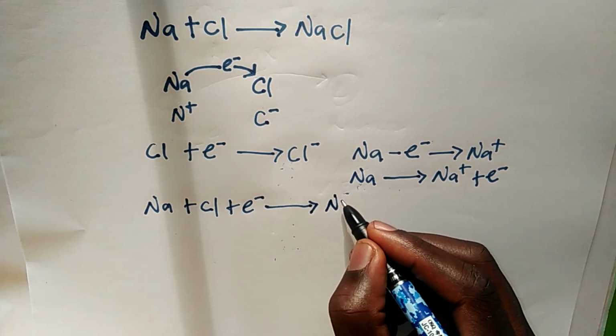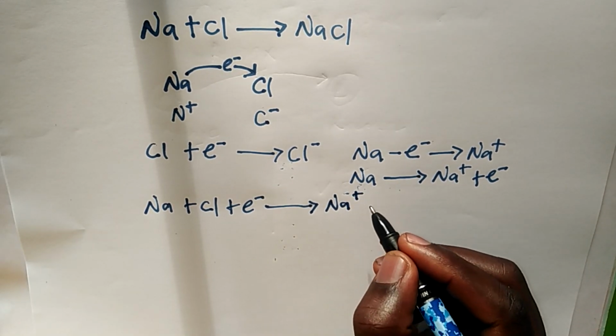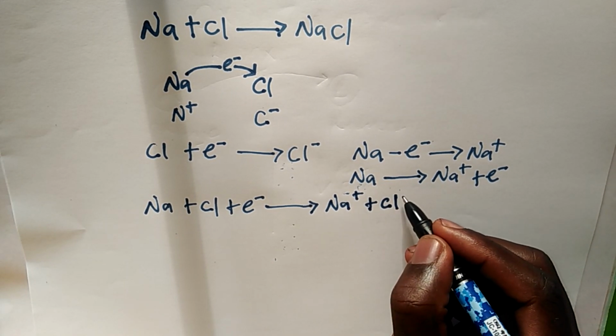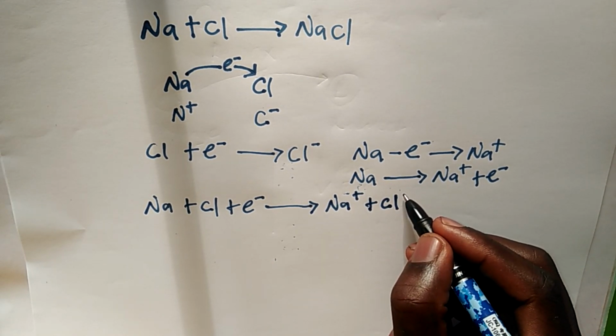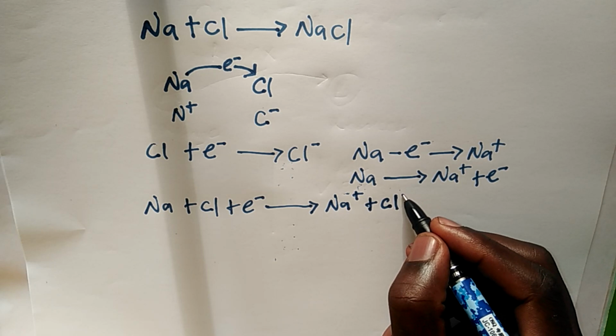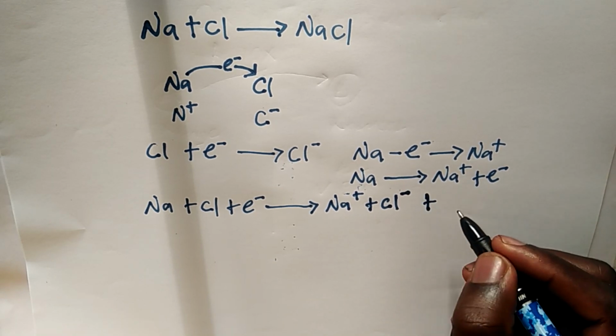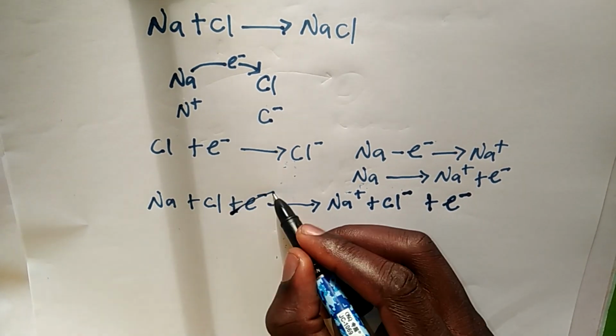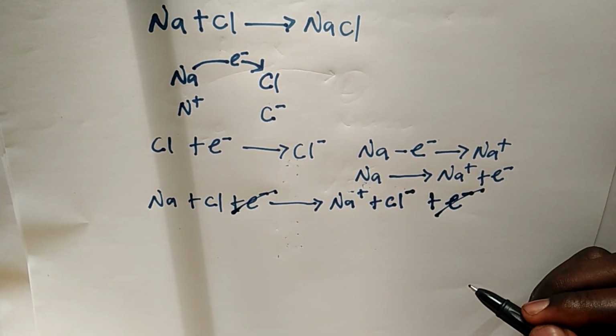On the other side, you say sodium positive plus chlorine negative plus electron. Now, the electron on the right will cancel the electron on the left.